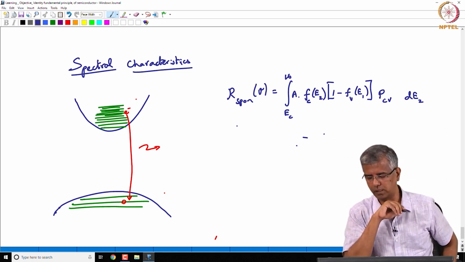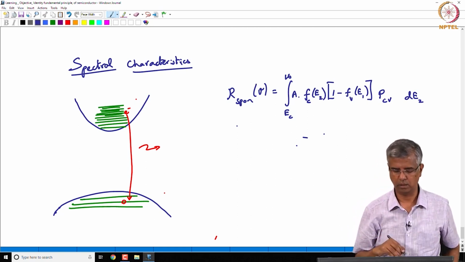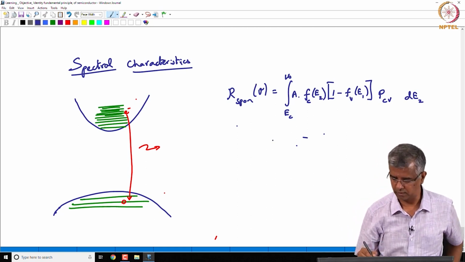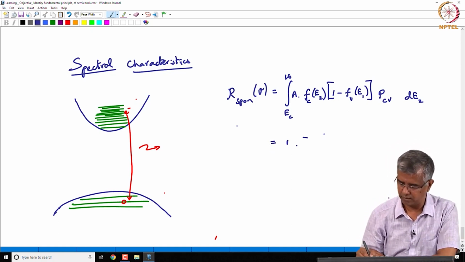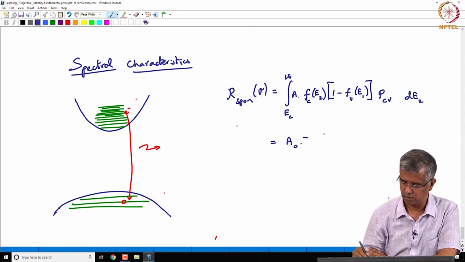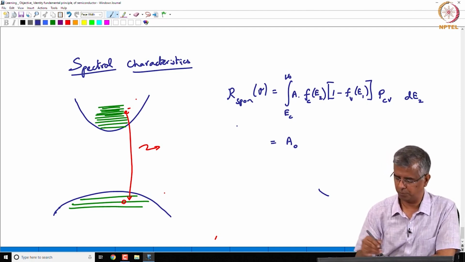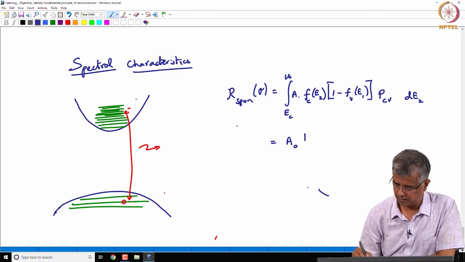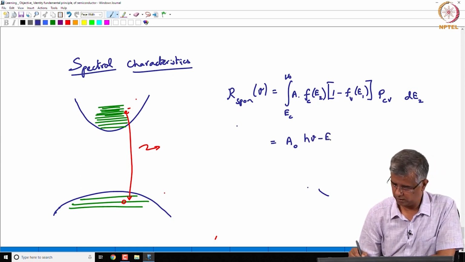So, that will determine the emission characteristics in terms of the spectrum, and if you evaluate that, that will correspond to some A naught multiplied by the joint density of states, which is going to be proportional to (h nu minus E g) to the power of half.